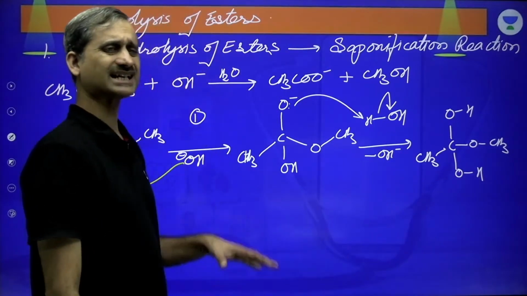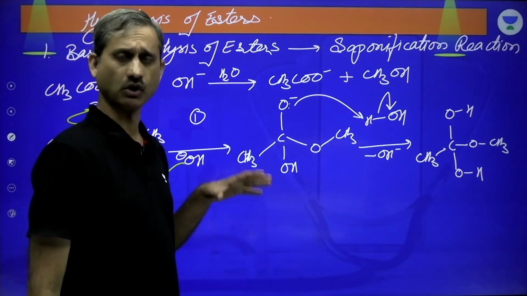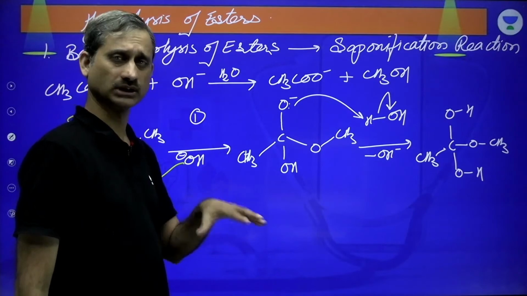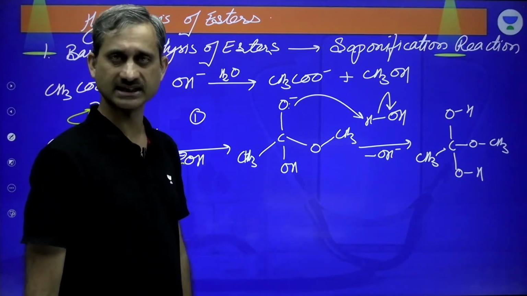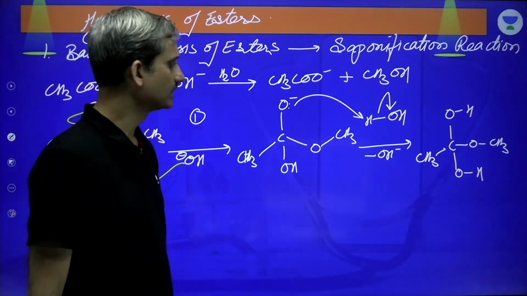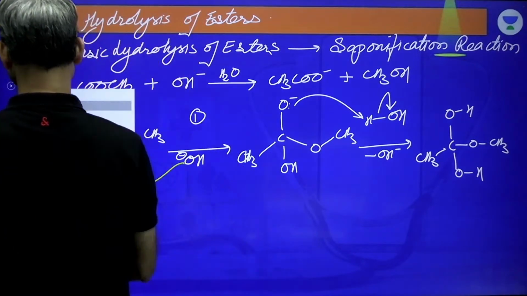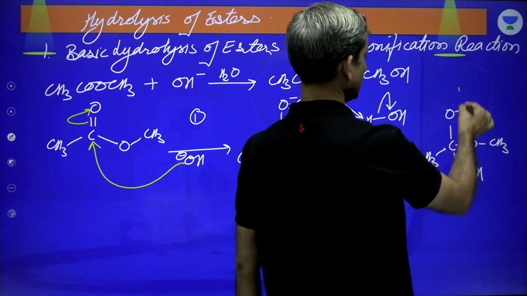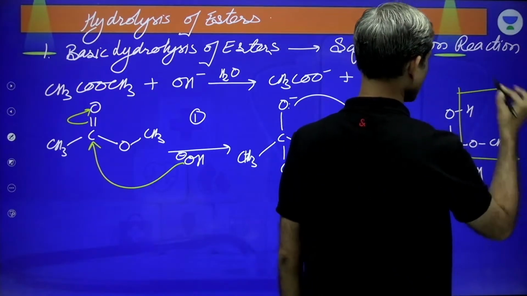Now this reaction has excess of water. Water is the solvent here. So whatever is in excess is consumed, whatever is less is formed. That is what we say as equilibrium. So in this case, water will be consumed and this CH3OH will be formed.